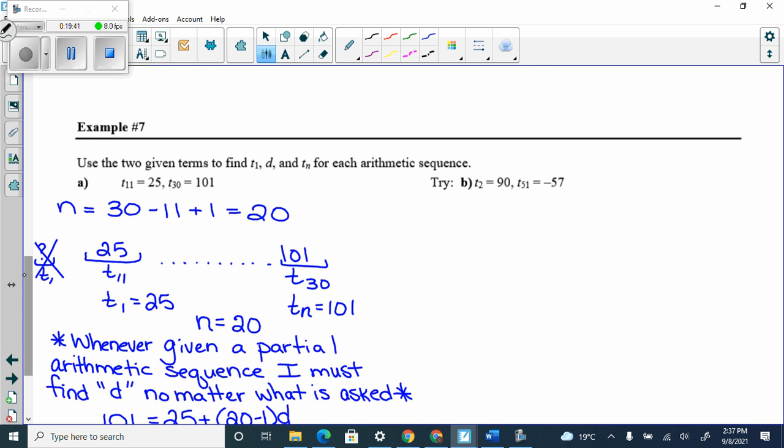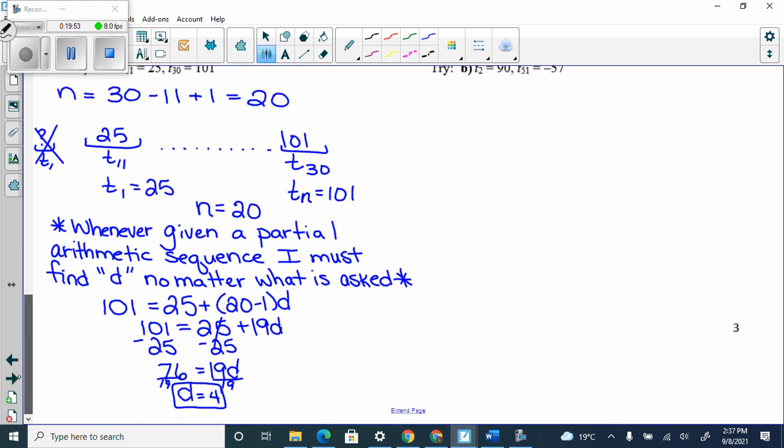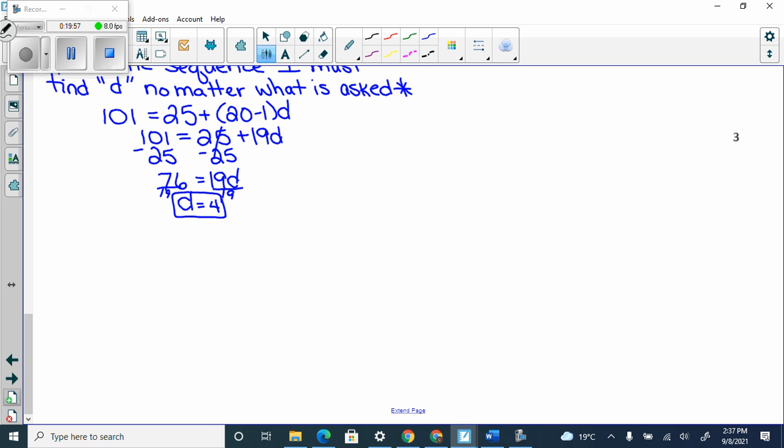So I want T1, the real T1, D and Tn. Well, I already have D, correct? Tn is 101 for this arithmetic sequence. And what's T1? Well, now I can actually use the algebra to get T1. Or I could subtract 4 a whole lot of times to get me to 1, but I can just use the formula.